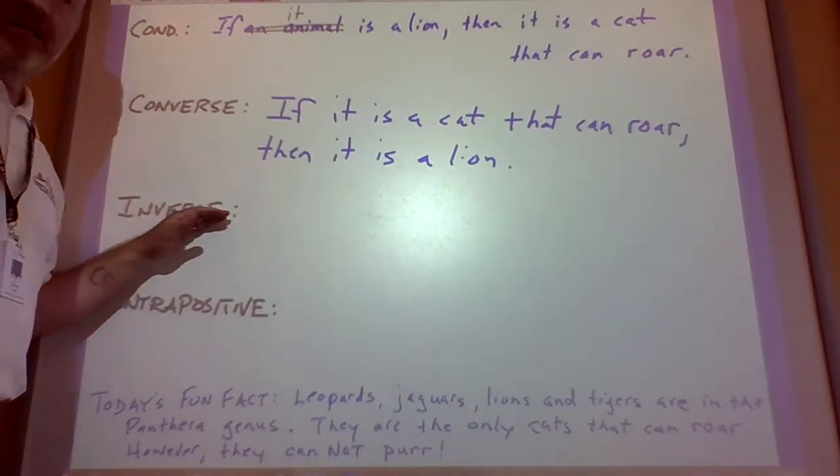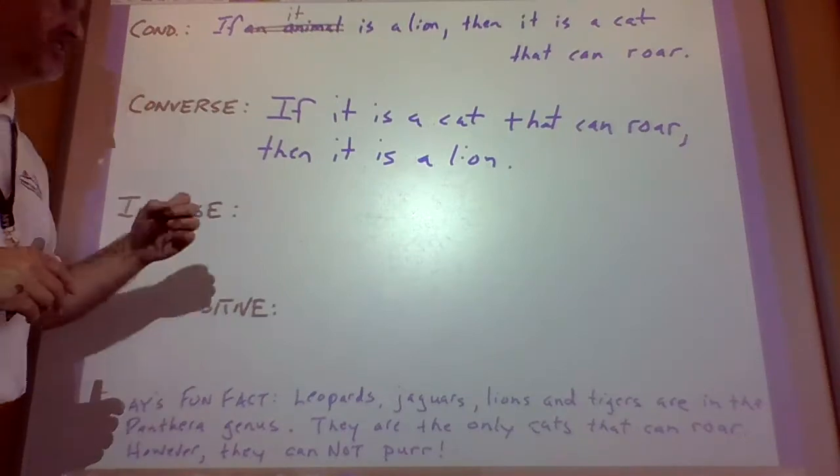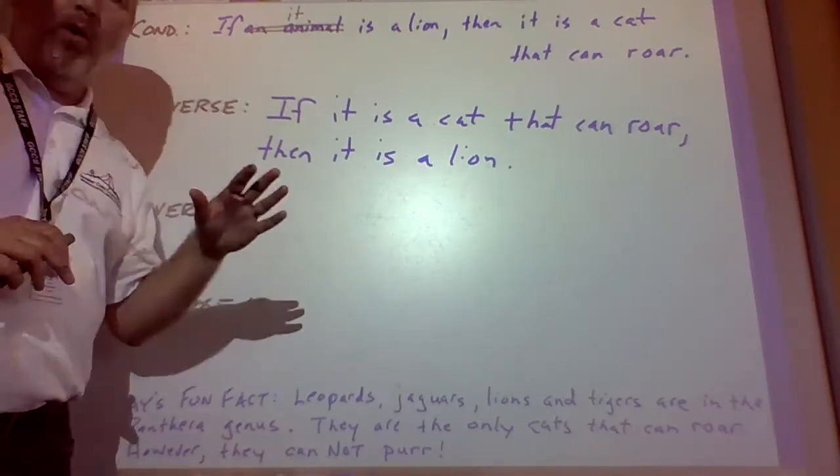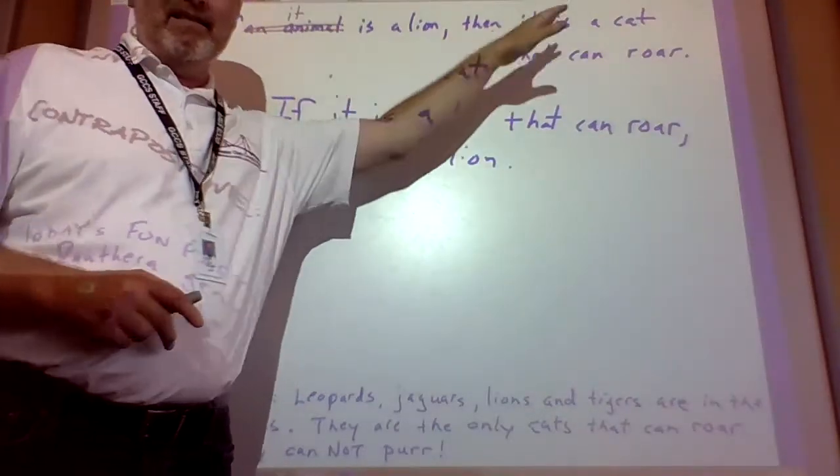Okay, the inverse. Now remember the inverse, that's when we're inverted, we're upside down, we've got the opposite meaning. So that's the one where you don't change the order any, you simply add the word not into the hypothesis and the conclusion.